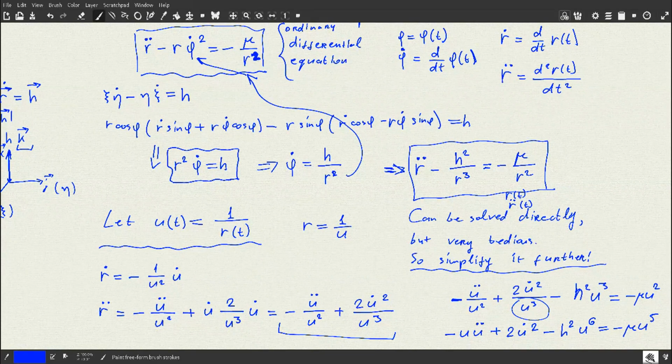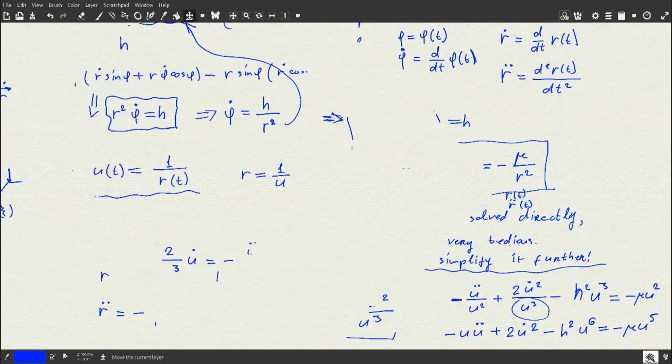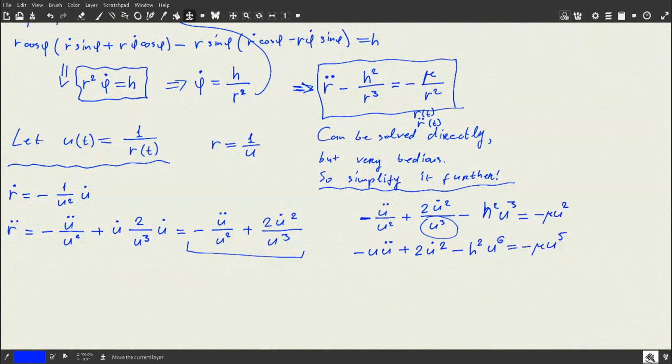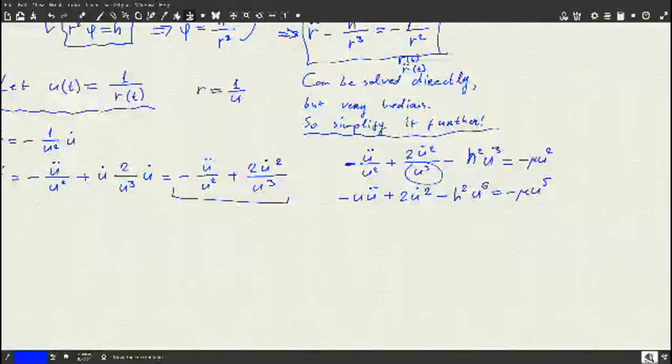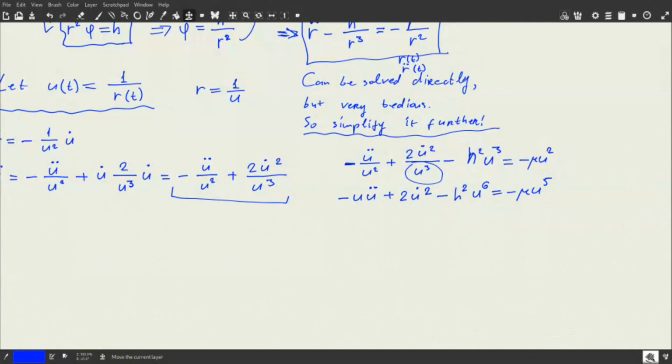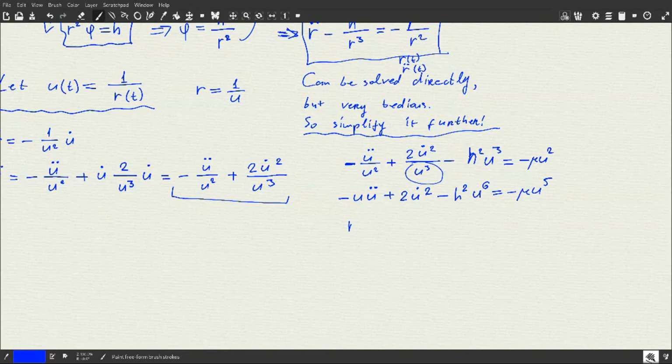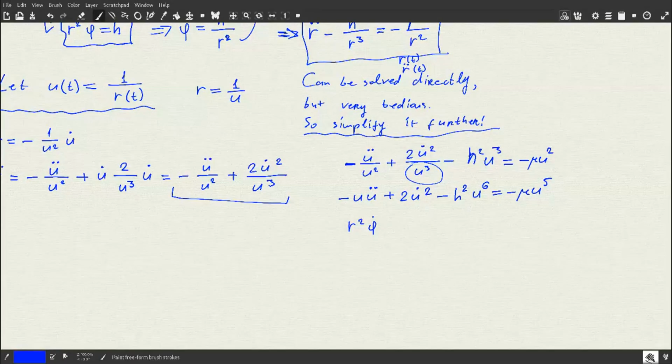What can we do? So we got this, and in addition, we have our previous equation that r squared times phi dot equals h. By the way, this equation has a very interesting geometric meaning, which we'll discover later on.